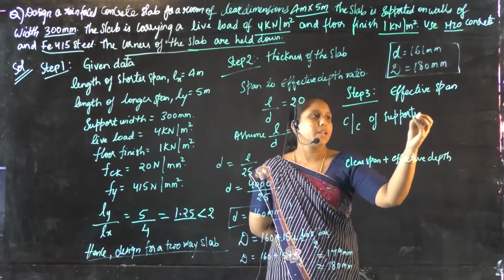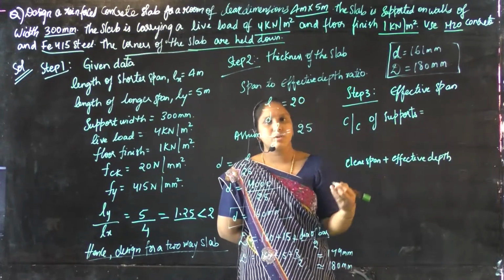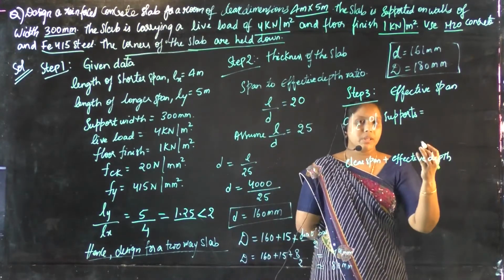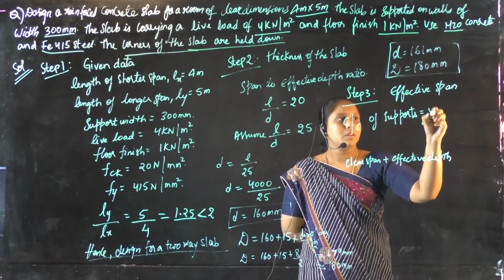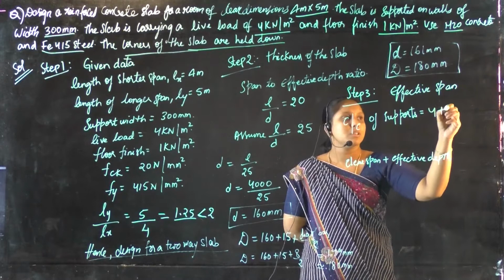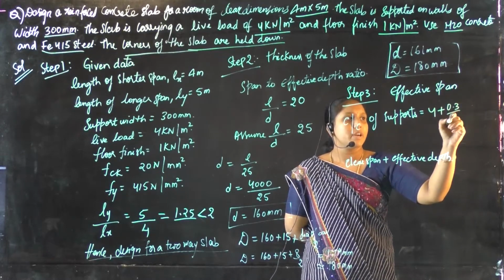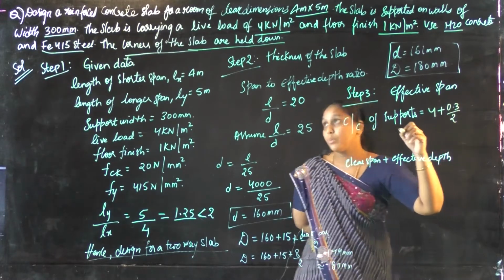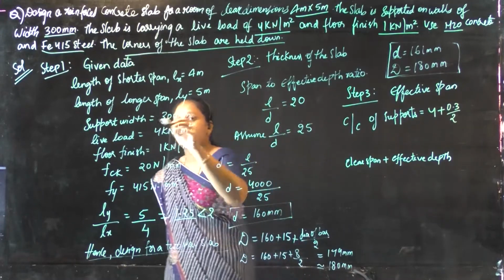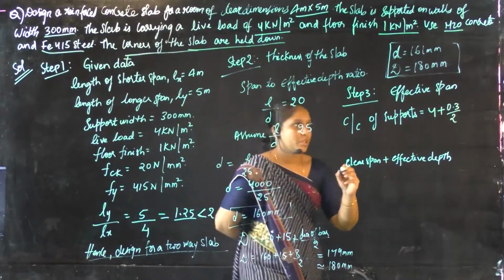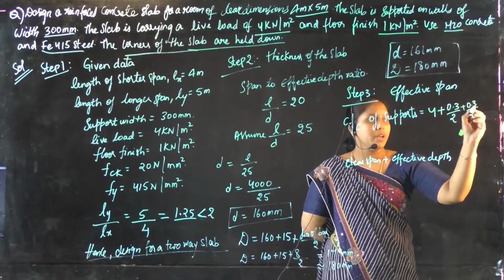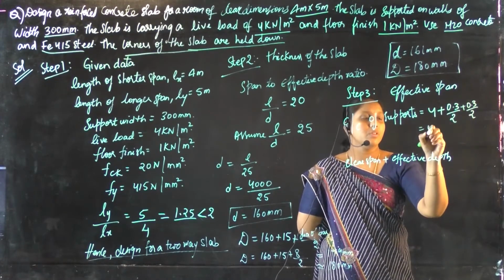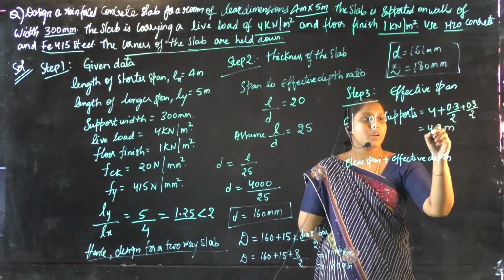First let us calculate the center to center of supports. It will be 4 plus 0.3 divided by 2 plus 0.3 divided by 2, because the support width is given as 300 mm, which will give you 4.3 meters.